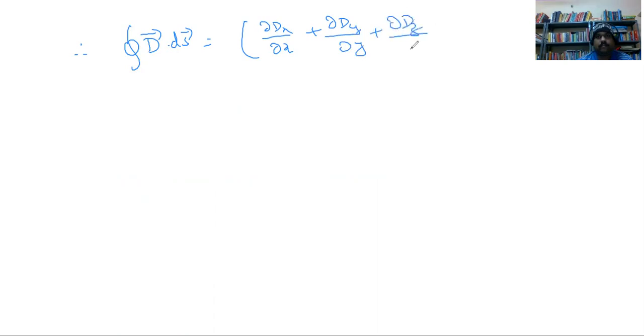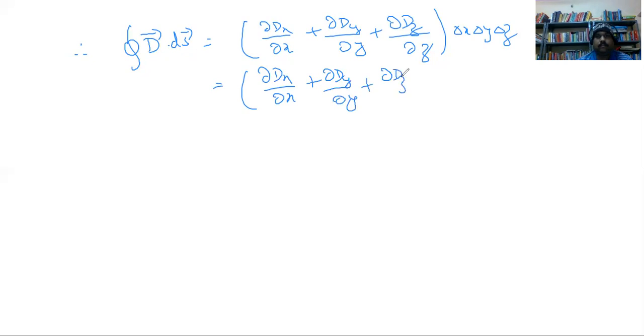So therefore, closed integral D dot dS equals that. This can be written as into volume dv. Why? Because volume is nothing but delta x delta y delta z, so this is the volume, right?